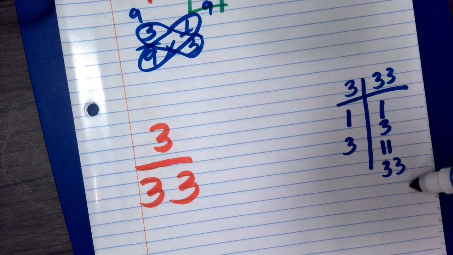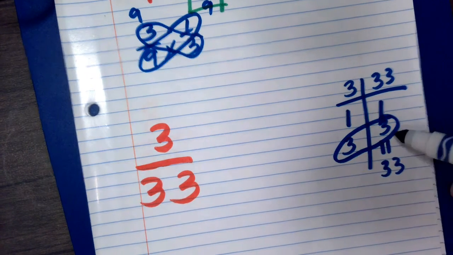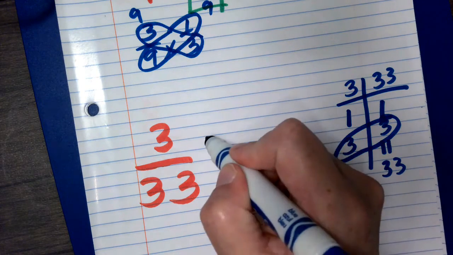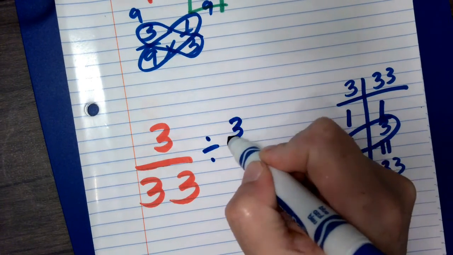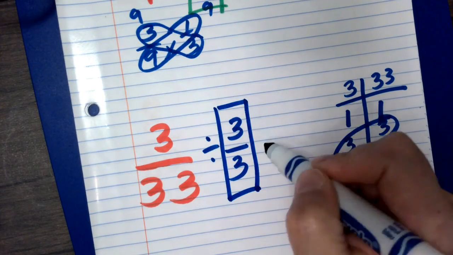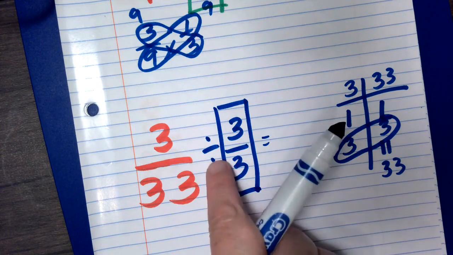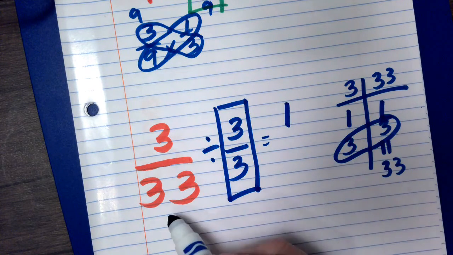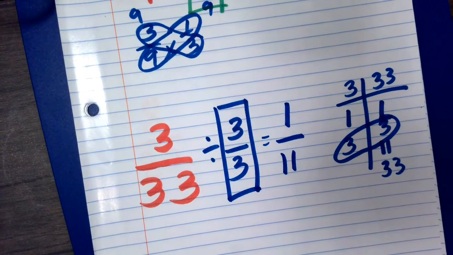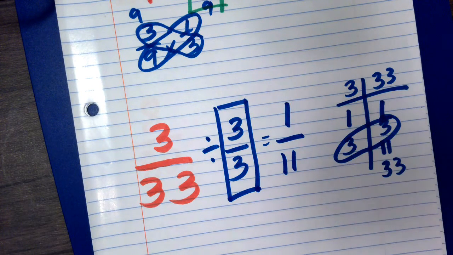So my greatest common factor again in this case would be the 3's. So I'm going to turn those 3's into a 1, or 3 over 3. So let me divide by 3 over 3. Again, I'm really dividing by 1, and if I divide by 1, I get the same thing. 3 divided by 3 is 1. 33 divided by 3 is 11. So I can tell you that 3/33 is equivalent to 1 over 11.